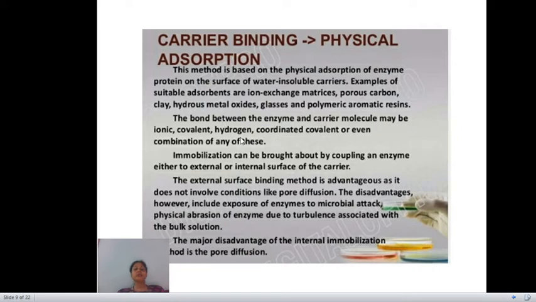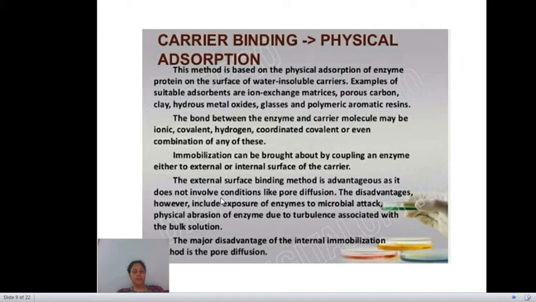The bond which is responsible for attachment of enzyme to the carrier may be ionic, covalent, hydrogen, coordinate, or it can be a combination of any of these. This immobilization can be brought about by coupling an enzyme either to external or internal surface of the carrier.